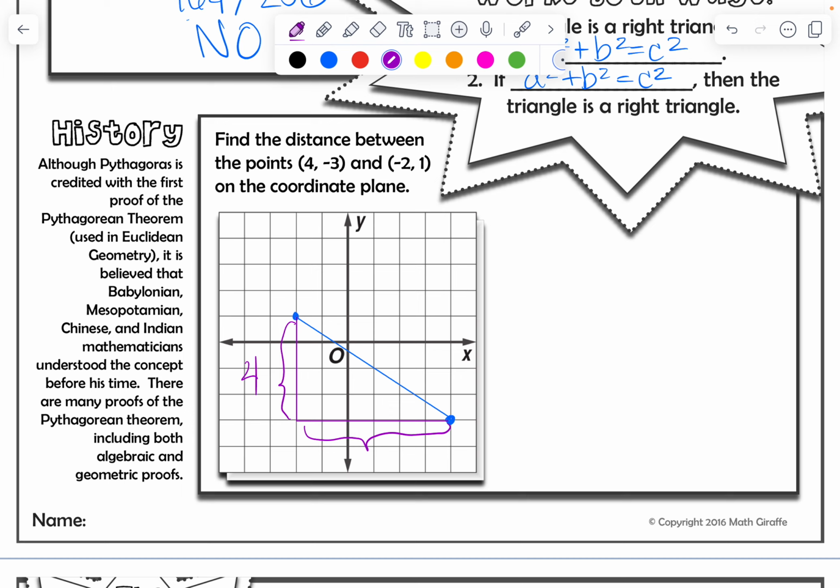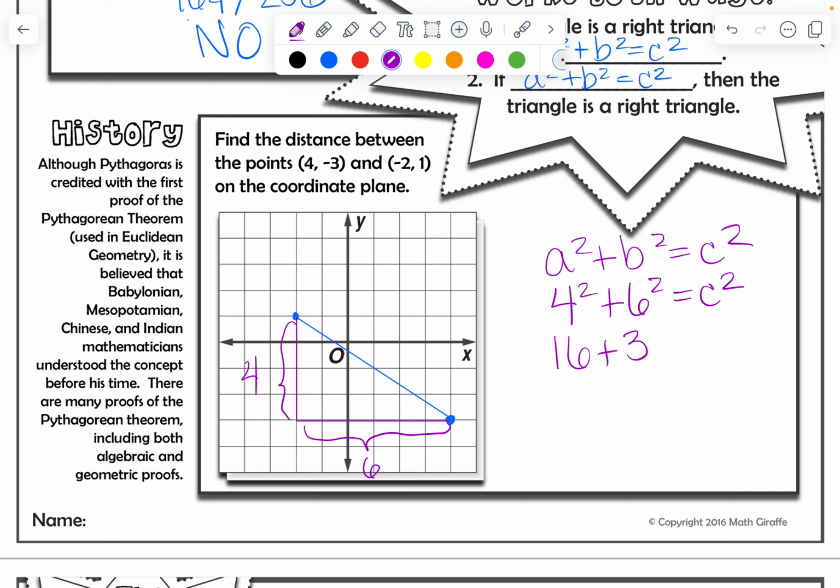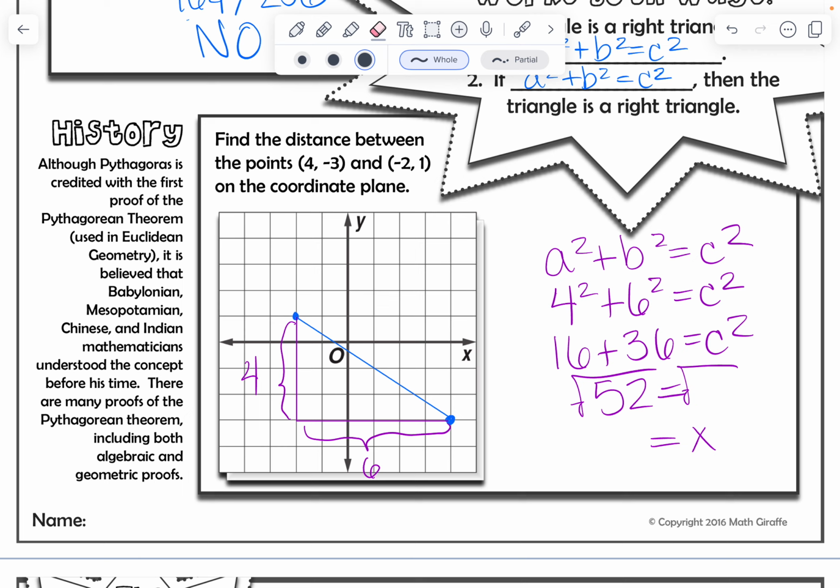This is going to give me 52, and then I can take the square root of 52 to figure out that my hypotenuse is, we can either leave it as the square root of 52, or we can say it's going to be about 7.2 units.